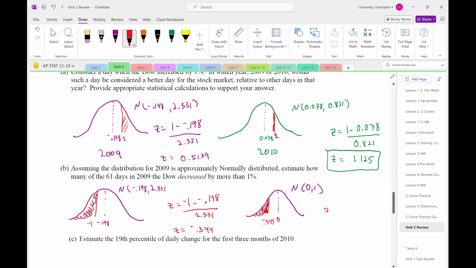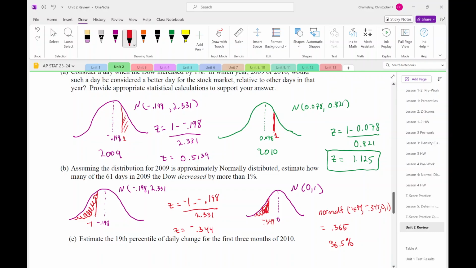So I'll make sure I illustrate where I got this data. So normal CDF, -1E99 to -0.344. Okay, that told me 0.365 or 36.5% of those days.